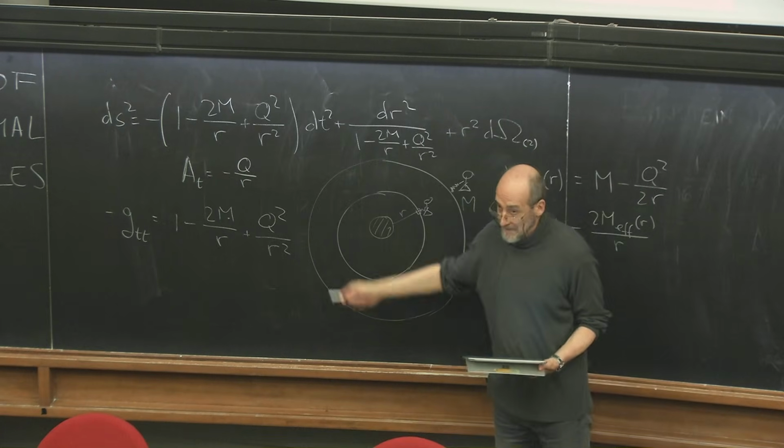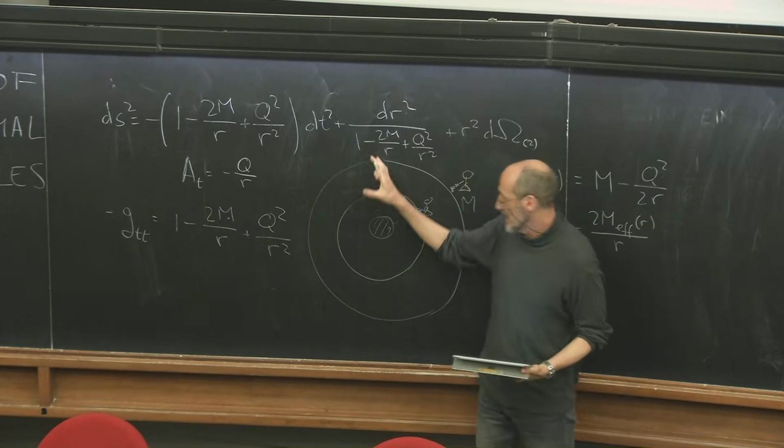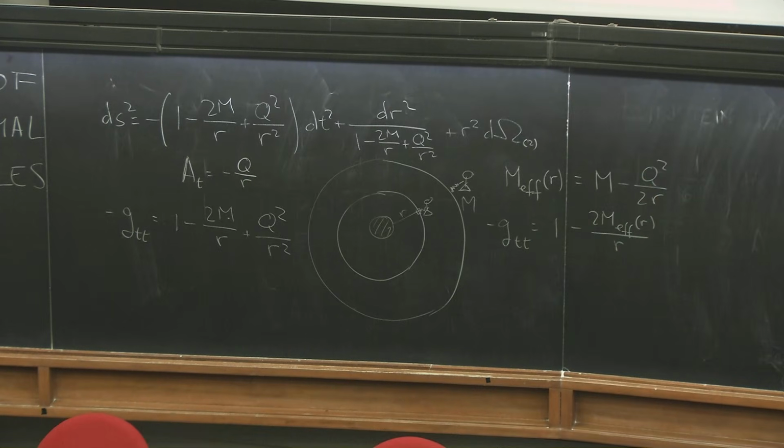The electromagnetic field doesn't create a repulsive gravitational field. What you have is less attraction. Less attraction looks like repulsion. There's no morals involved here. But that's the explanation for the plus sign. This plus sign means that as you move to smaller radii, you feel less attraction, because you have less energy attracting you. Okay?